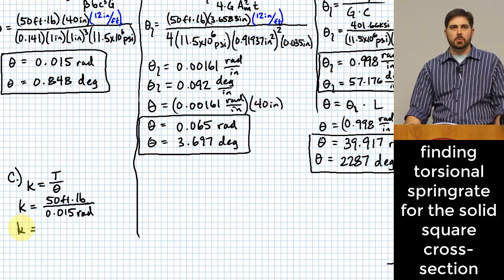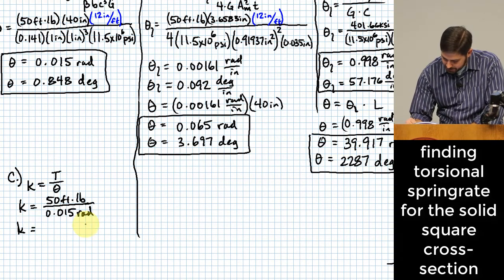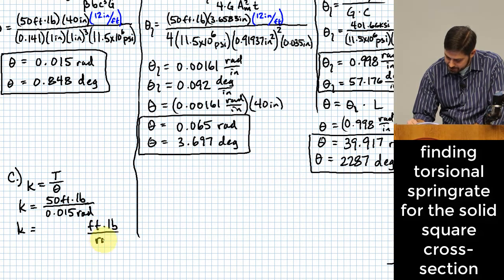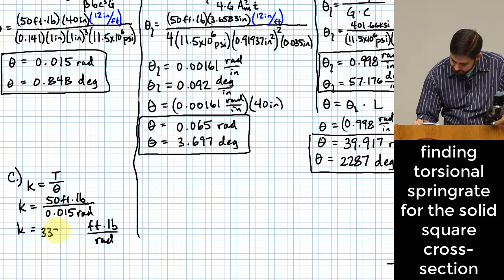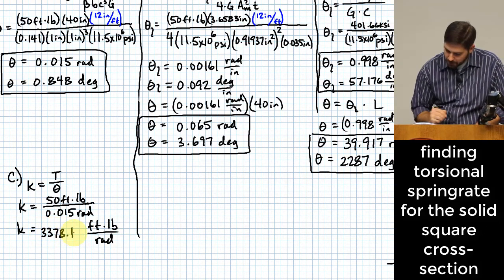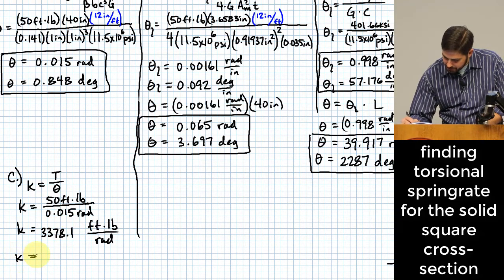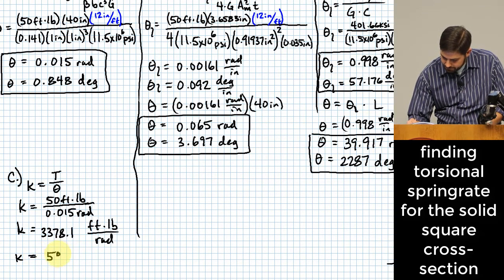I mean, it's just up to us what kind of units we want to see. Because it's fine to just express it in terms of foot-pounds per radian, for instance. And for this one, it is 3,378.1 foot-pounds per radian. Or if we wanted to express it in terms of degrees, we would have 58.96 foot-pounds per degree.